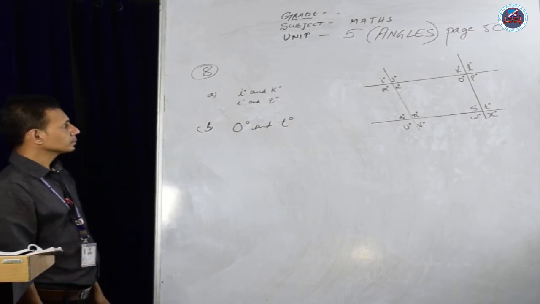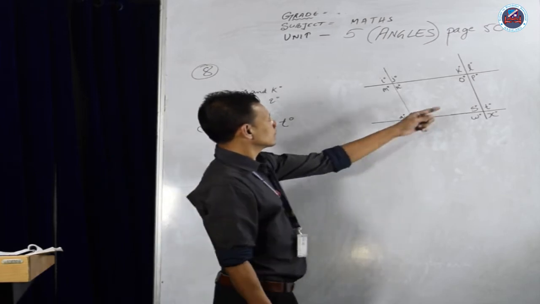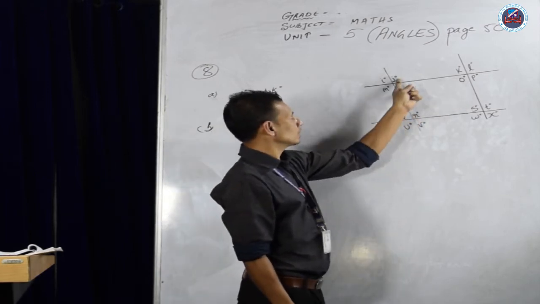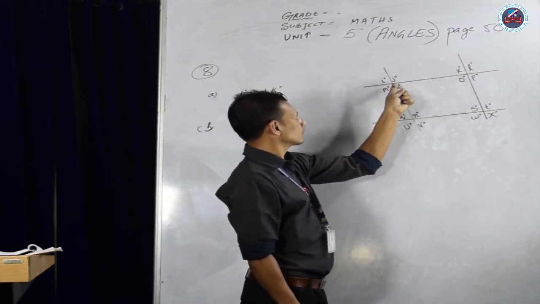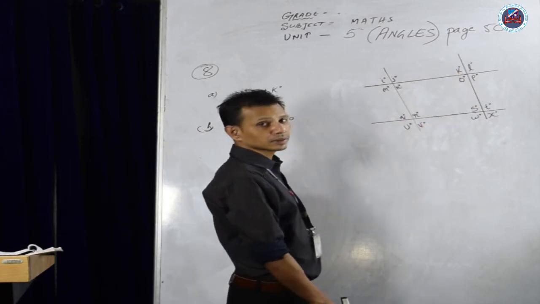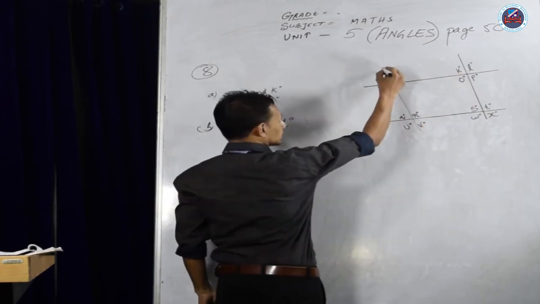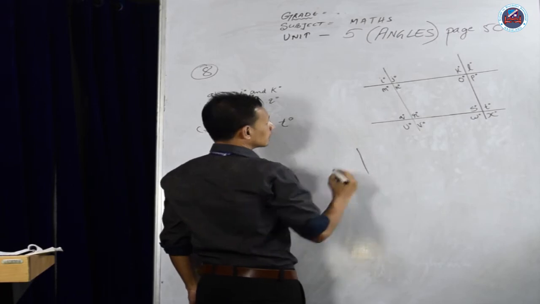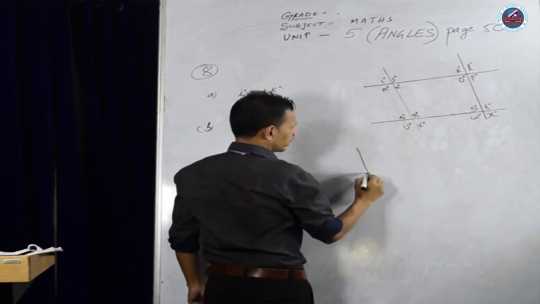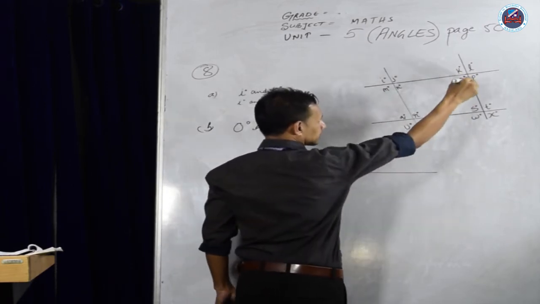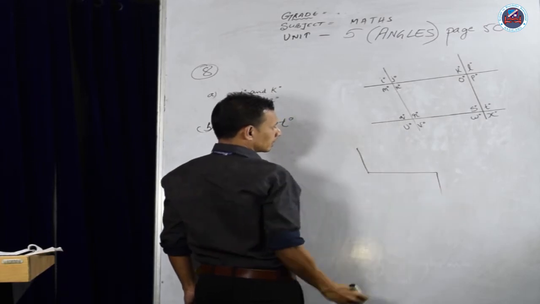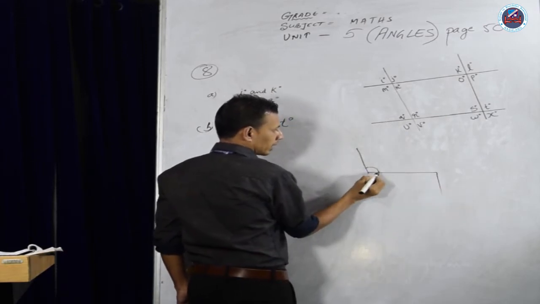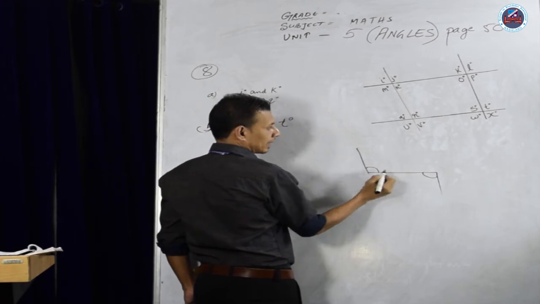What else? You see that O and J are also equal. Confused? No. This line I am drawing here. See? This line I will draw here. And this down line I will come here. You got two angles here, one angle and two angles. They are called alternate.